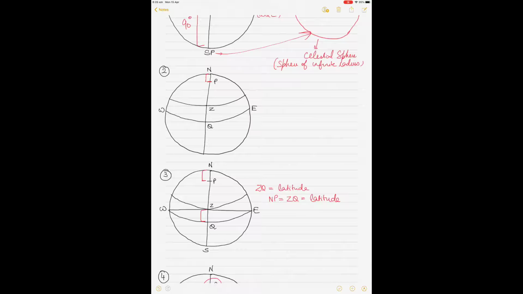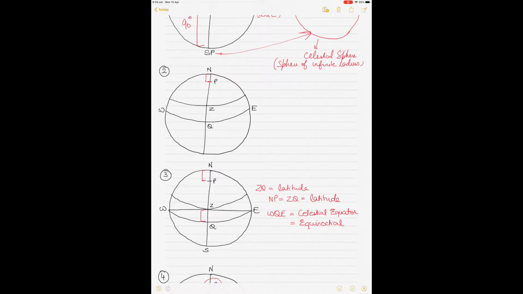So what happens here is that WQE becomes the celestial equator, but it is not known as the celestial equator, it is known as the equinoctial. Alright, it is equivalent to the equator on the Earth's surface, but in the celestial sphere.